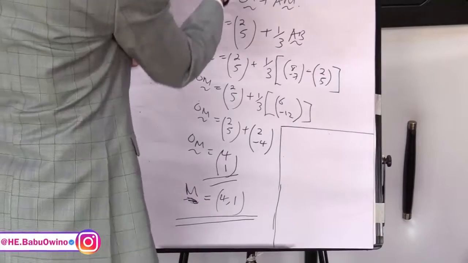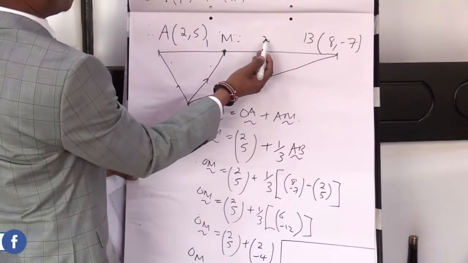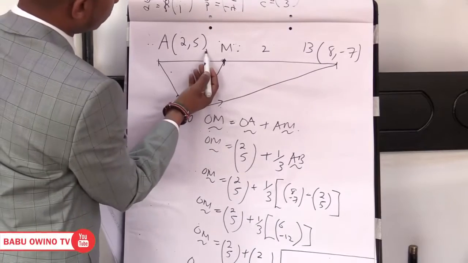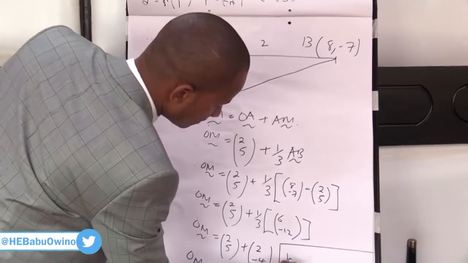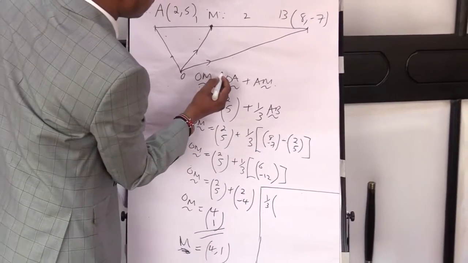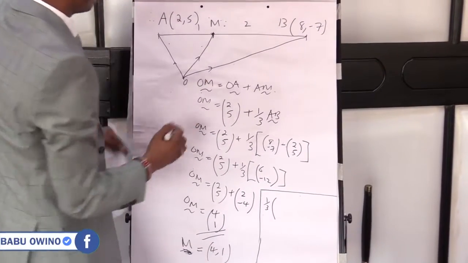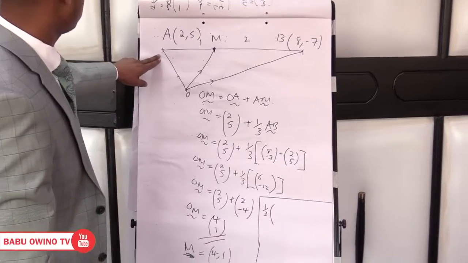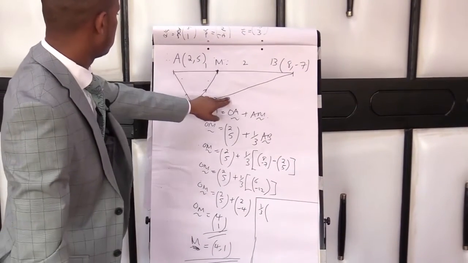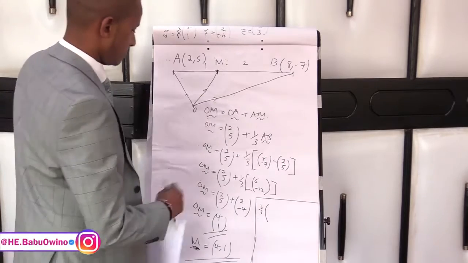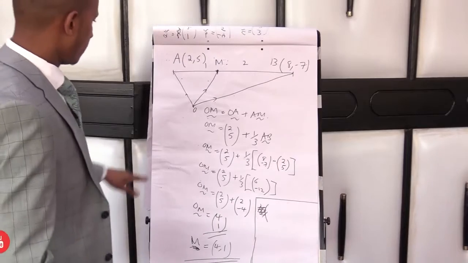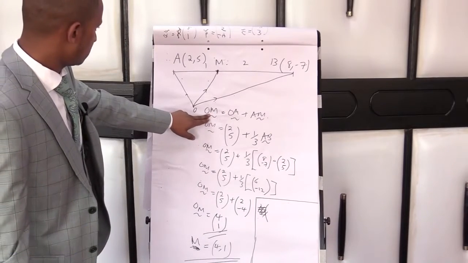Using the ratio theorem, 2 over the total ratio, you just start with 1 over the total ratio, which is 1 over 3 of the value of B. So let's just follow this, as simple as this.